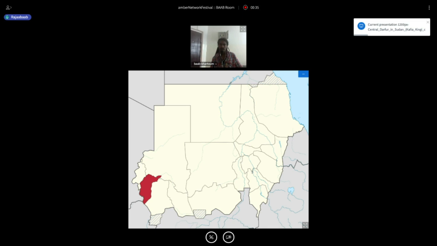As you see, I'm sharing my screen. This is the map of the new Sudan after the separation, the independence of South Sudan as a country.